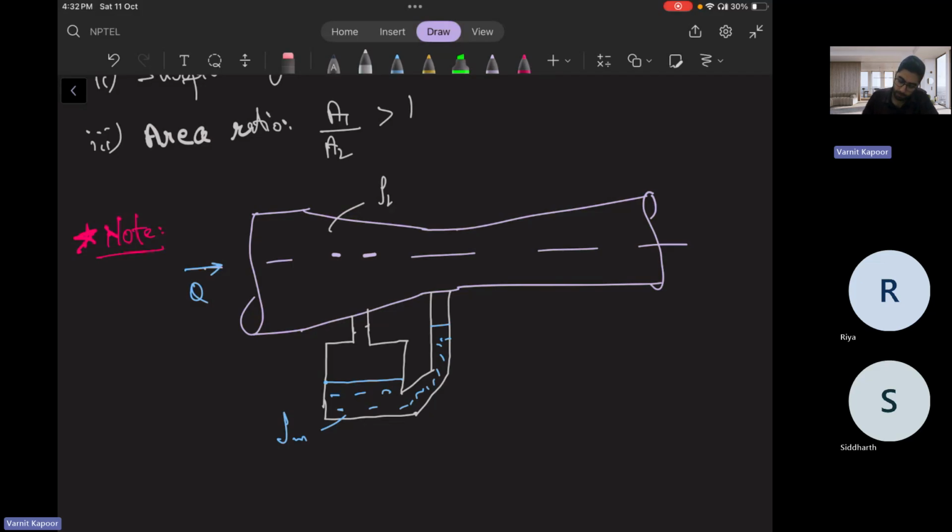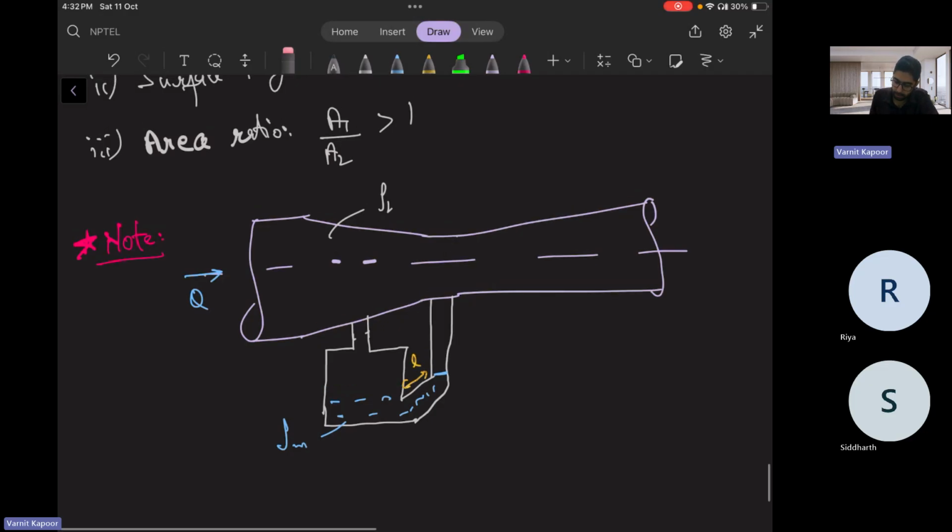Now this inclination, let us suppose, has a length of L. For simplification, let me make the diagram like this, and this to be a bit lower.